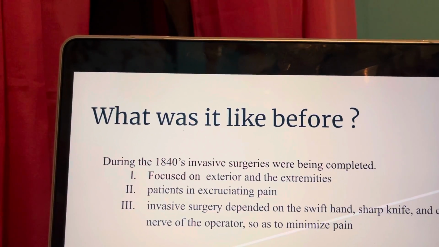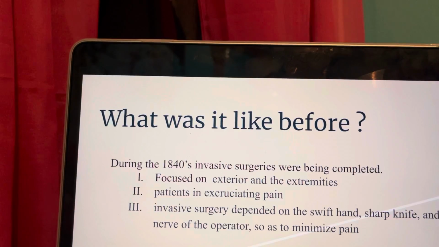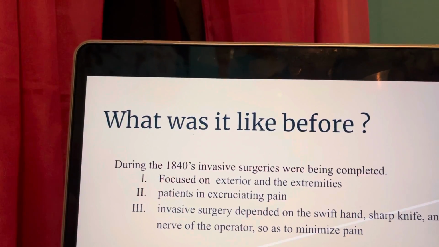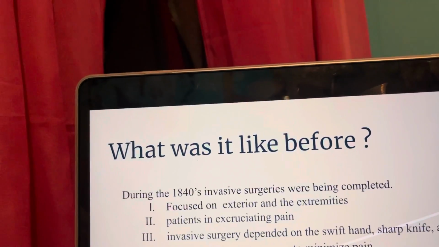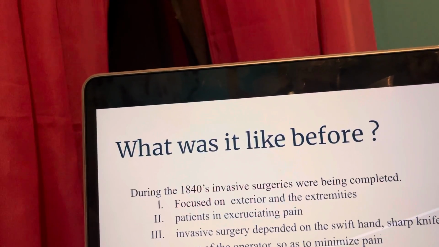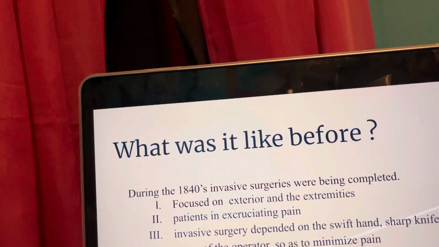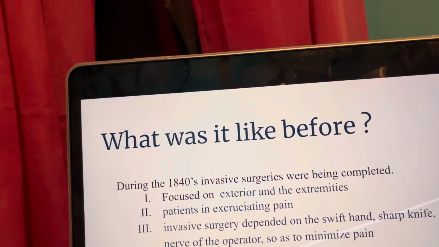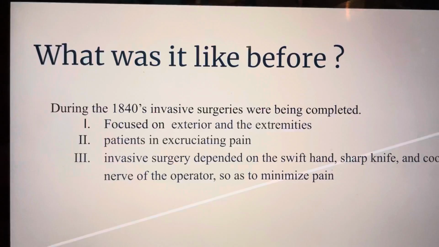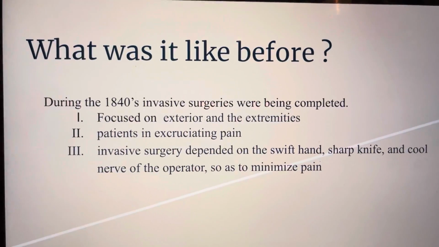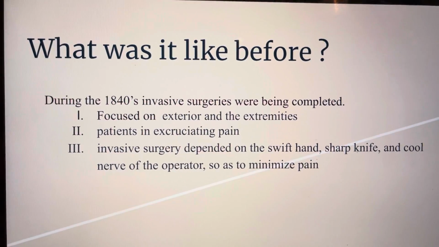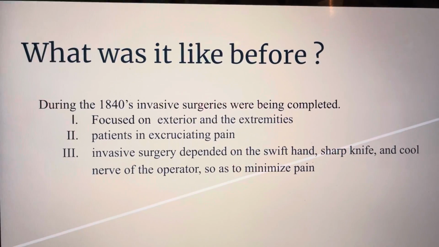These surgeries dealt with the exterior and extremities while avoiding the abdomen and other body cavities in the central nervous system. The creation of anesthesia in 1846 meant that these surgeries would no longer have patients suffering, and other benefits as well.